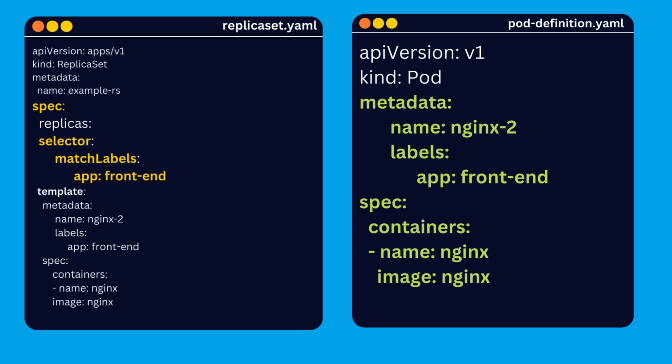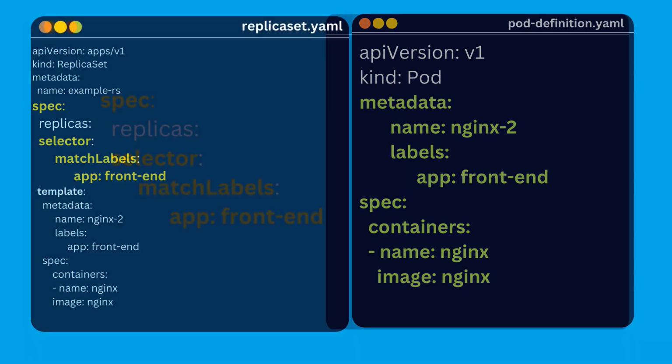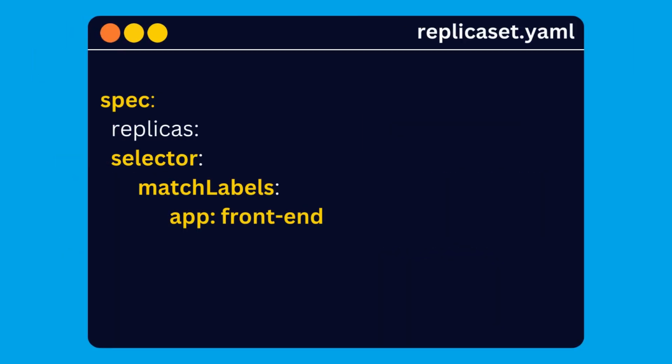Okay, ReplicaSet also requires a selector definition. This is a mandatory field. The selector helps the ReplicaSet identify what pods fall under it. But why would you have to specify what pods fall under it if you have provided the contents of the pod definition file itself in the template?